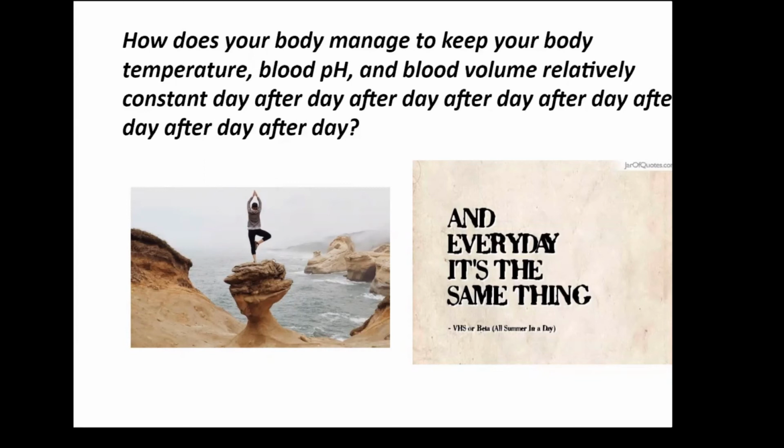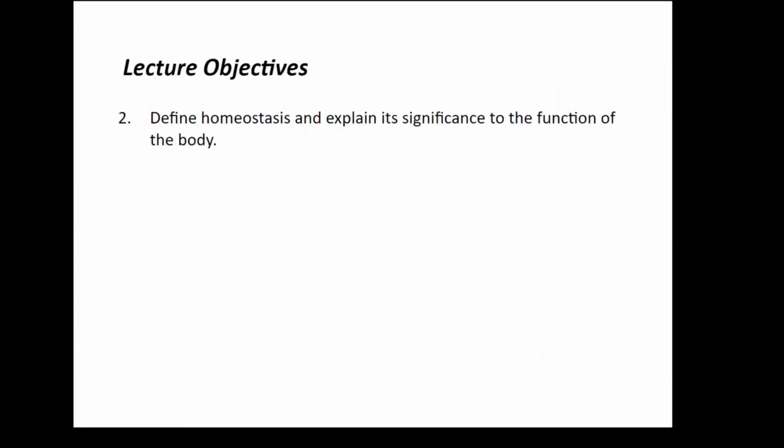And this is actually a pretty impressive feat. We have a lot of variable conditions in our environment, but our cells still manage to function. That's because they can maintain some really critical things the same in the internal environment. This is key to understanding how our body manages to have similar functions in different conditions.